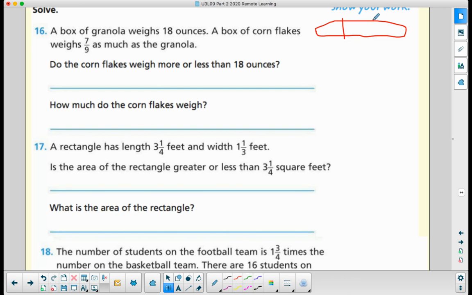That's 1, 2, 3, 4, 5, 6, 7, 8, 9 parts. And cornflakes weigh 7 of those parts: 1, 2, 3, 4, 5, 6, 7. Cornflakes do not weigh all 18, so it is less.